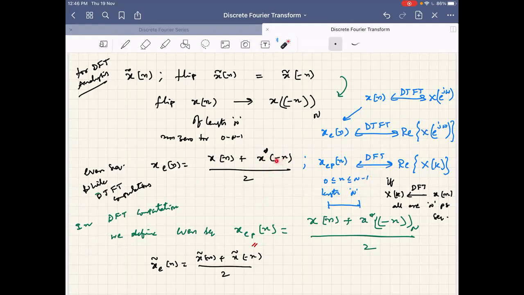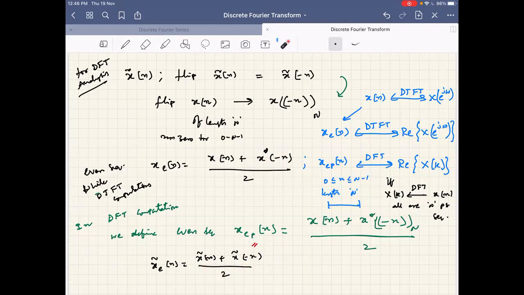So any minus n operation, or any operation that takes the signal out of the 0 to n range, will put it back into that range through a modulo n operation, to conveniently apply the discrete Fourier transform. There is no change in the properties compared to the discrete time Fourier transform, and this modulo n operation is leveraged from the discrete Fourier series.